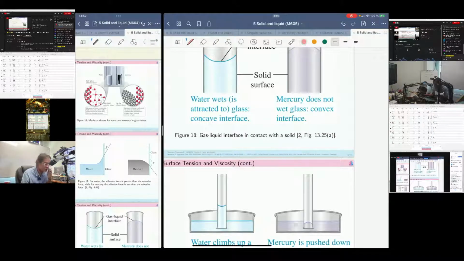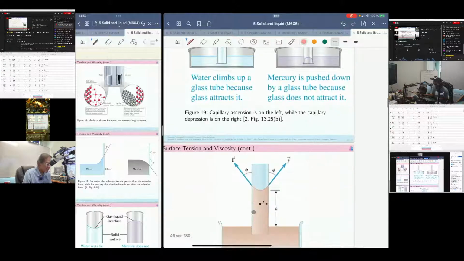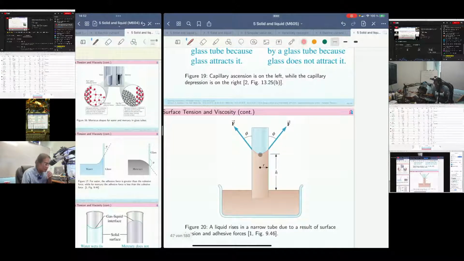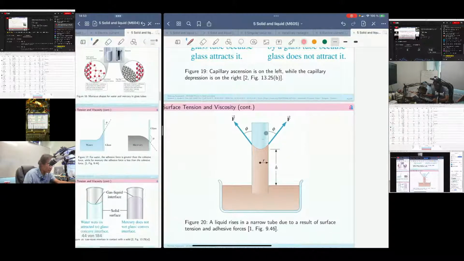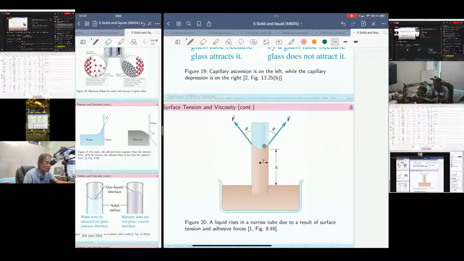of experiment results. Okay, now let's get into the basic calculation in this topic. Let's consider the water case, the fluid that has more adhesive force than cohesive force among its molecules, right?